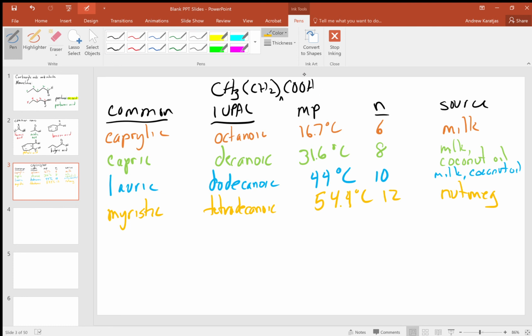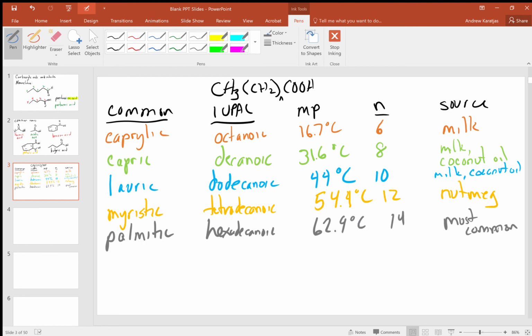Then we could certainly say that some of the next ones are our two most common, and that's palmitic acid. We're not even going to list the source because it's found just about anywhere that you run into fats. This is 16 carbons. Again, slightly higher melting point.